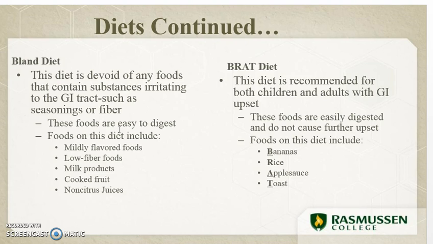Those are reasons we would start them on a bland diet. The foods that are in this diet are mildly flavored foods, foods low in fiber, milk products, cooked fruit, and non-citrus juices. A BRAT diet is recommended for anyone who has any GI upset because these foods are easy to digest and do not cause any further upset.